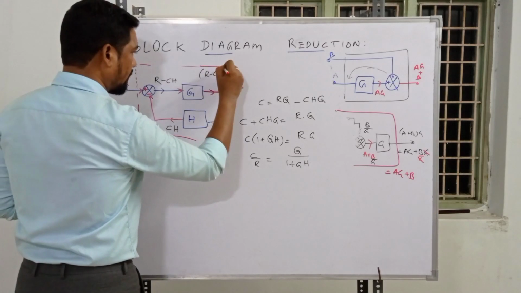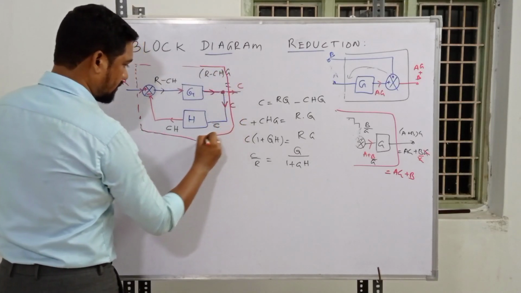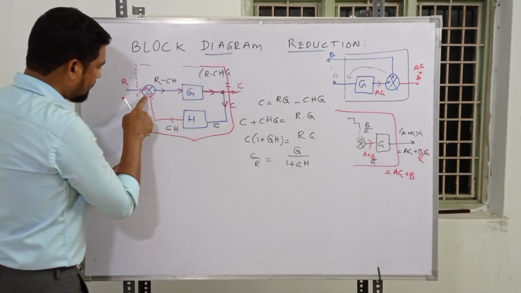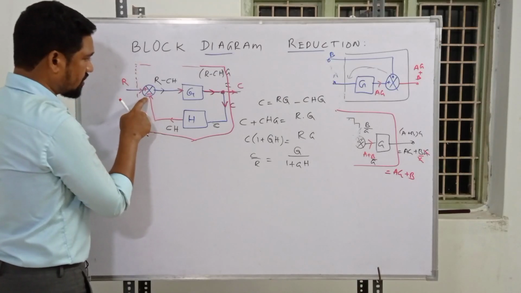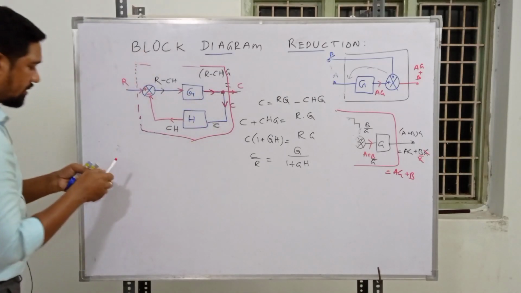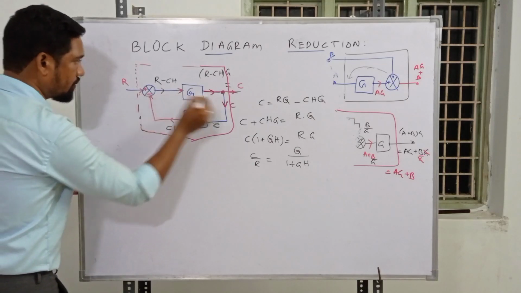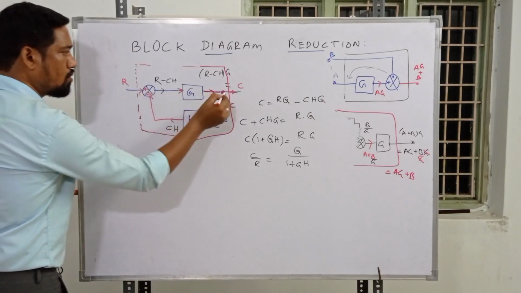From this point to this point, we can remove the entire summing point and represent it from this point to this point. No more summing point, no more takeoff point.